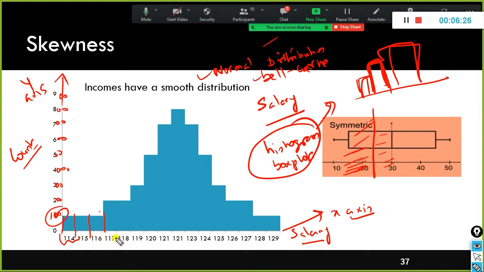You need to interpret this. If you see here, 1,17,000 to 1,18,000, 200 employees are drawing that salary. Now if you join these corners, it will look something like the bell curve.